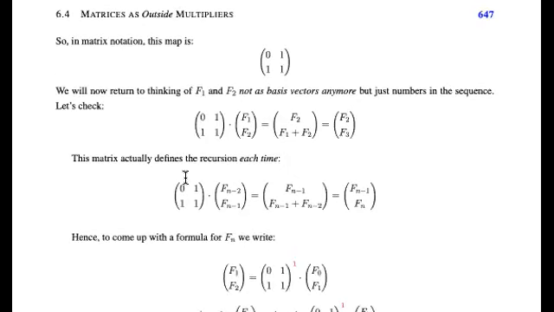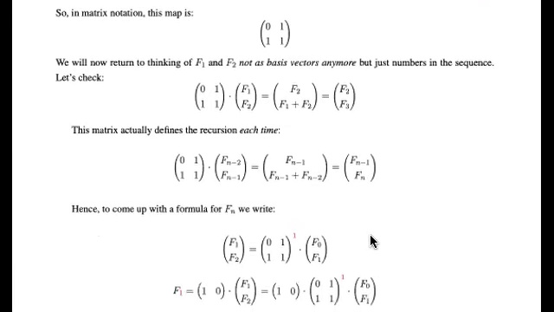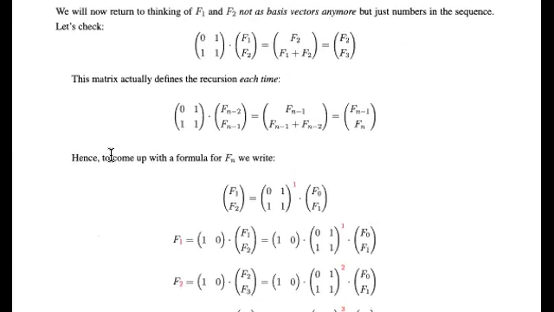So this times this would yield one place further along. This guy would be right there, and then you have a new element right here, Fn. Let's come up with a formula for Fn in terms of matrix multiplication. F1, F2 would be this raised to the first power times F0, F1.